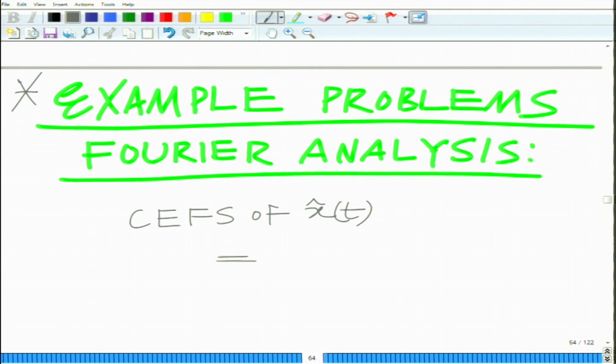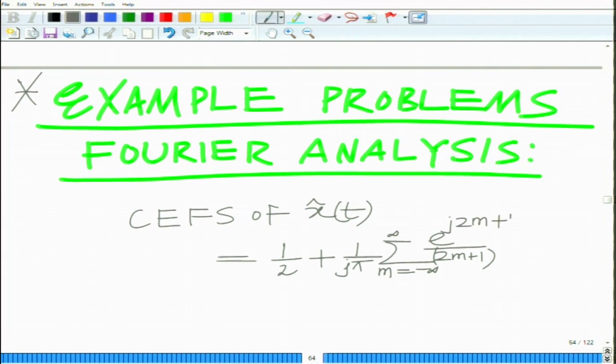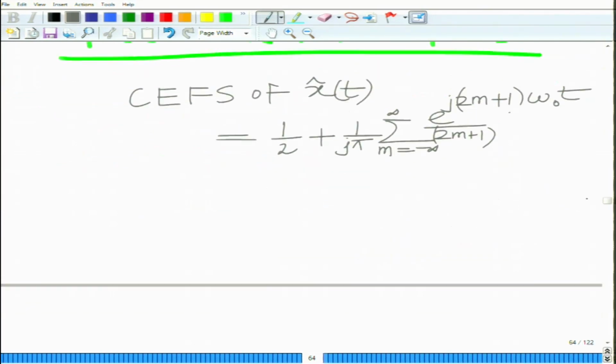This is given as half plus 1 over j pi summation m equals minus infinity to infinity 1 over 2m plus 1 times e raised to j 2m plus 1 omega naught t. This is the complex exponential Fourier series of x tilde t.